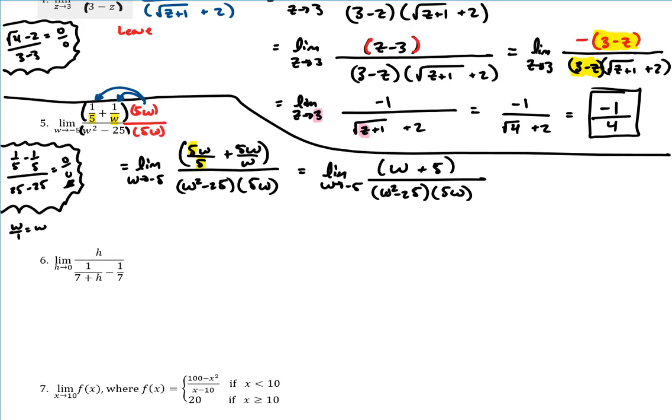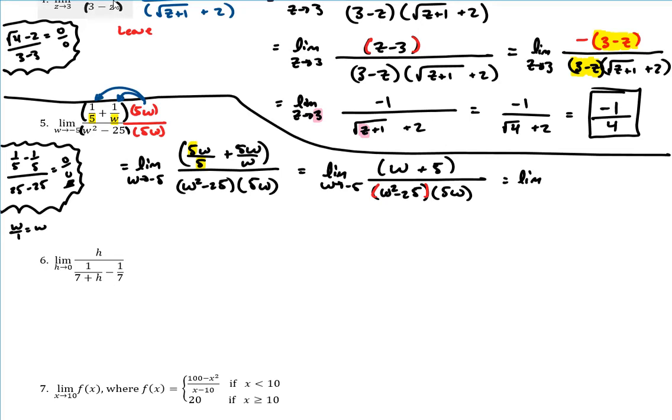Okay, and so what we just did is now we don't have fractions anymore, but nothing cancels yet. So we usually want something to cancel. Well, look at this denominator. Here we've got w squared minus 25. So usually if there's a quadratic, so if it's a higher power than 1, we look to factor. So in this red, I'll keep it in red, we're going to factor that.